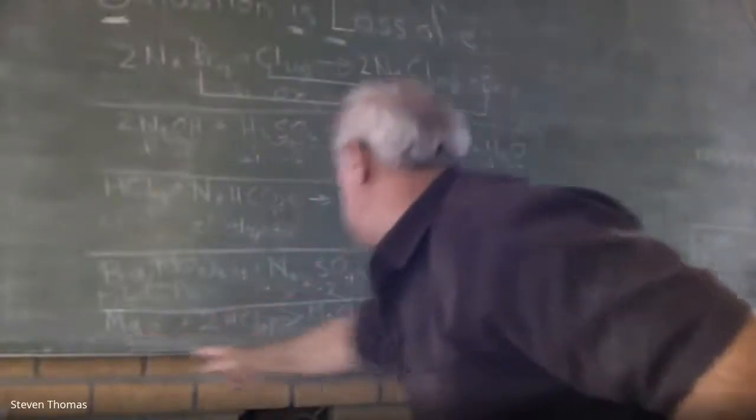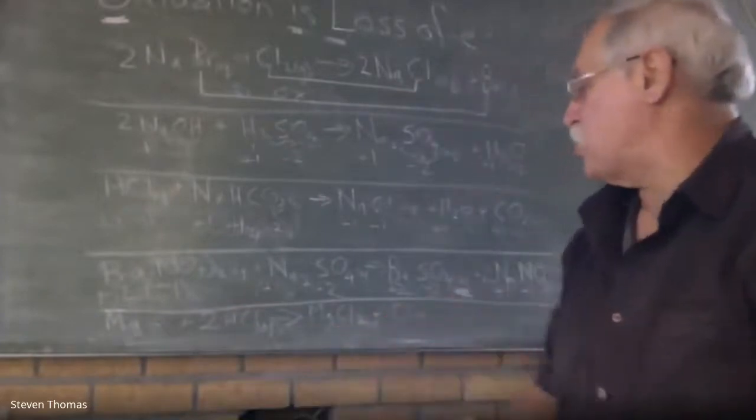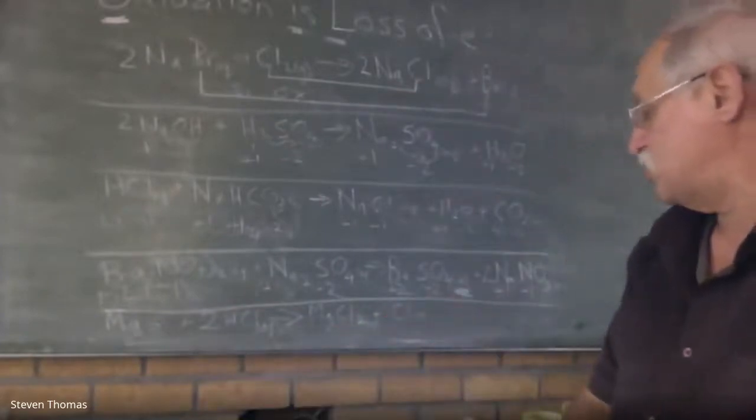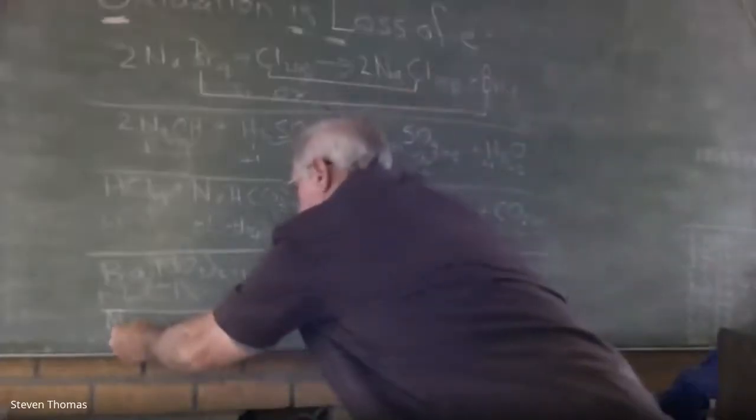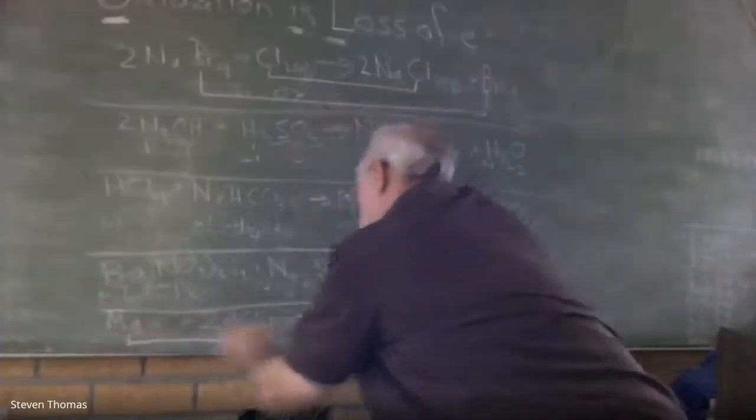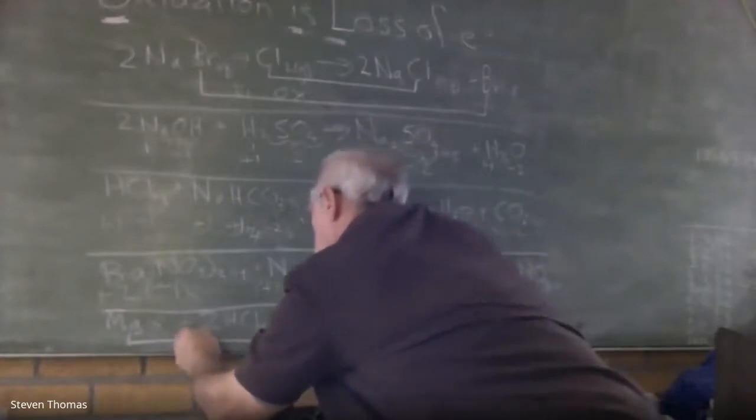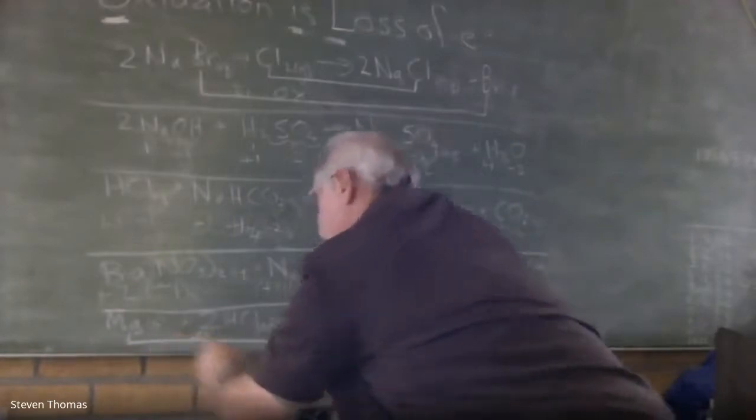Pascal, so you got magnesium, goes to form magnesium chloride. Which is oxidized, which is reduced? So the magnesium is oxidized. Tell him he's a genius. Okay, let's see if he's a double genius.